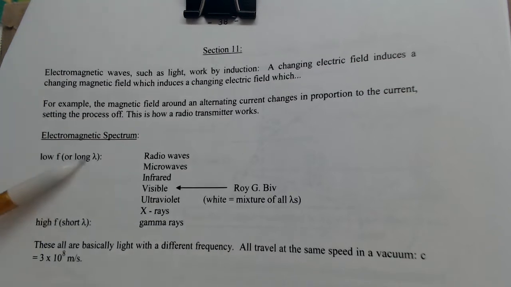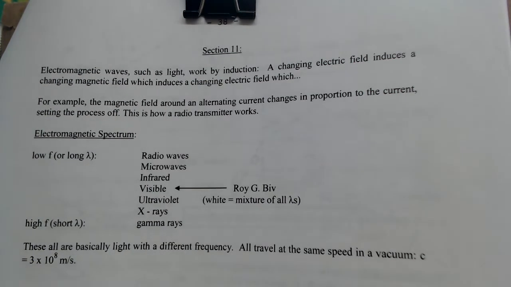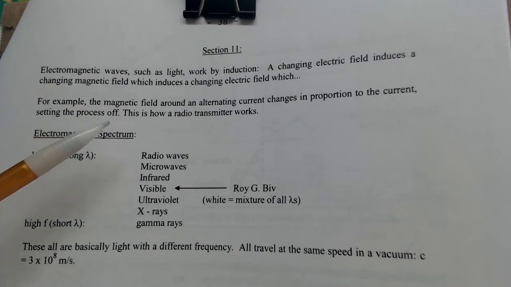The electromagnetic spectrum. It turns out that visible light, this was discovered in the later part of the 19th century, is actually a rather small part of a much larger spectrum. At the one extreme, you get really low frequency radio waves. Electric power lines, for example, give off radio waves.